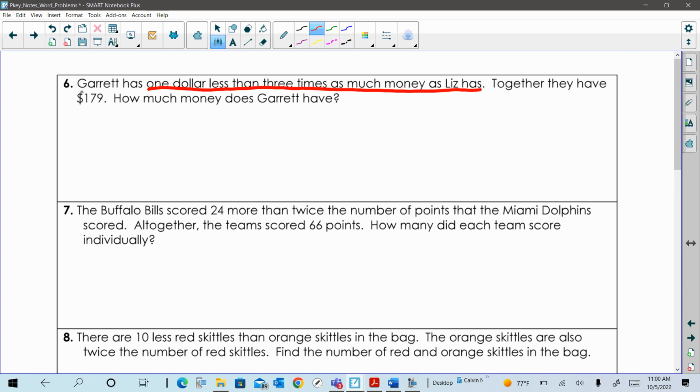Let's talk about Garrett, right? Okay, so in that first sentence, where is the unknown? What are we going to label x? 3x. Liz. Liz is the x. Okay, so we're going to start off and say let x equal Liz.